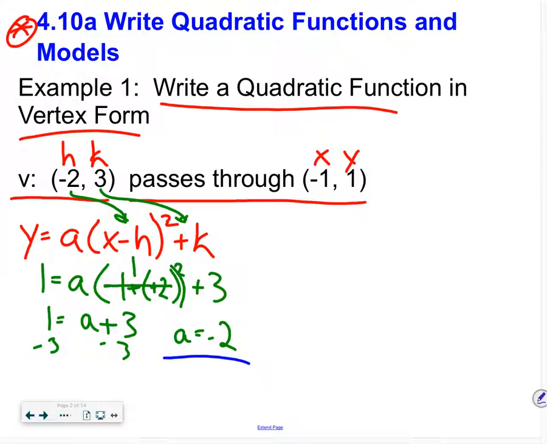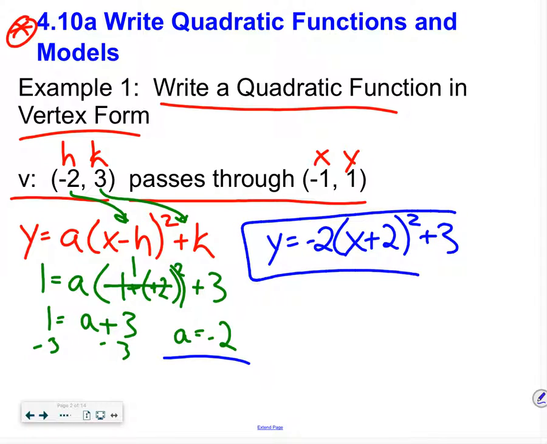Okay, so let's put that back in there. We got y equals, my a is a -2, and x minus h, so that's going to be x plus 2, because h is a -2, plus k, which is 3. That's it.